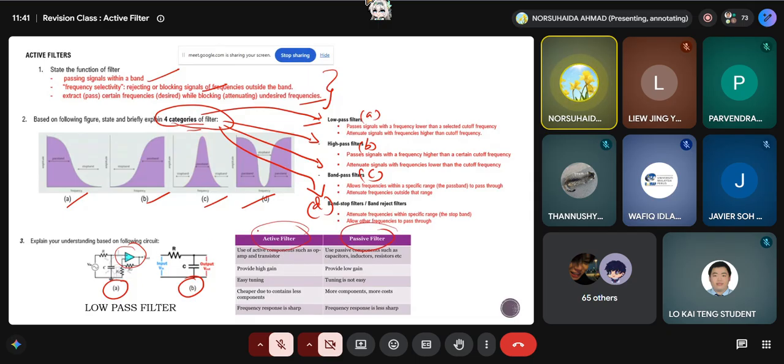Why? Because when we have this additional active component, the circuit becomes active. Because this is a filter circuit, this is the active filter.